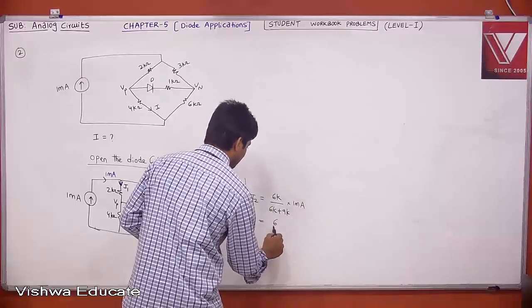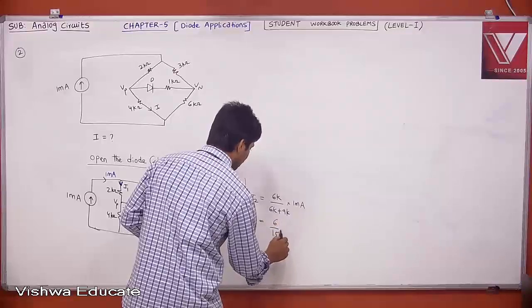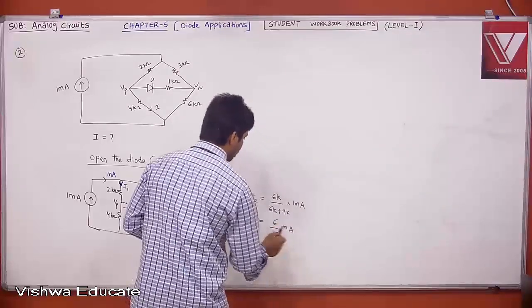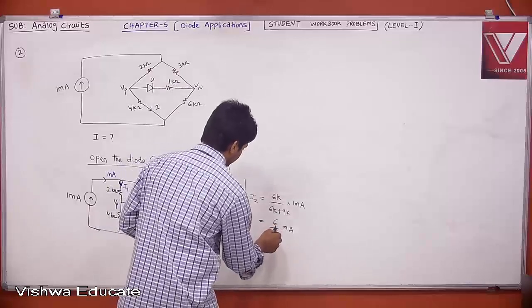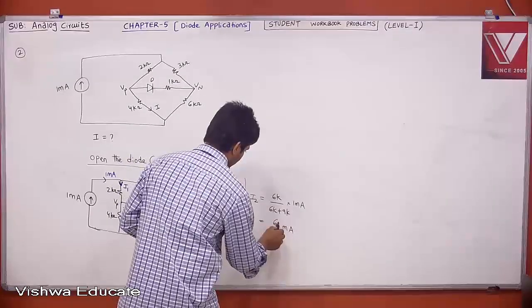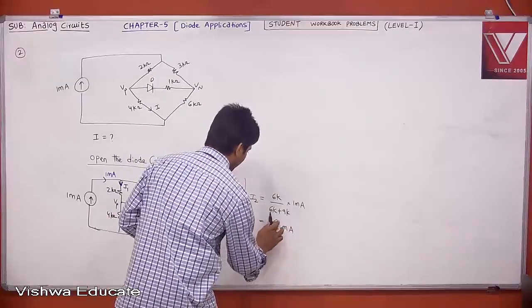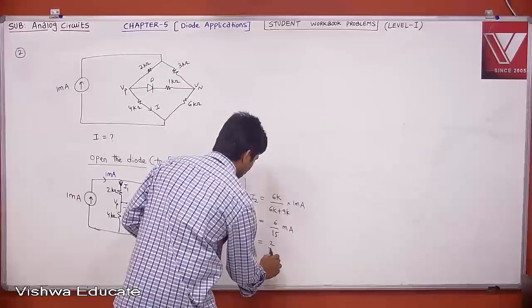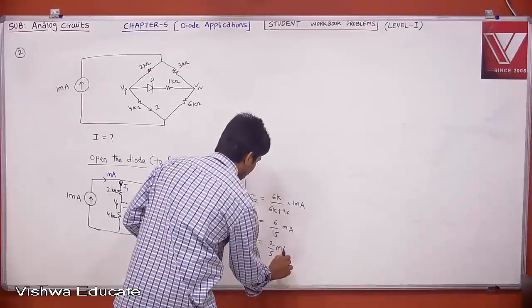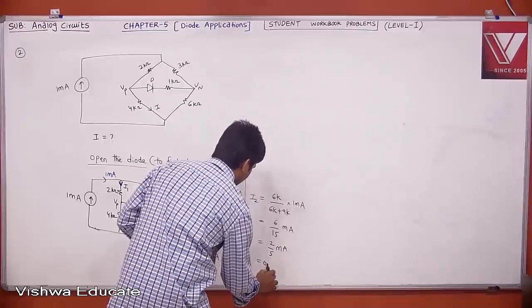That is 6 divided by 15 milliampere, which is 2 by 5 milliampere.